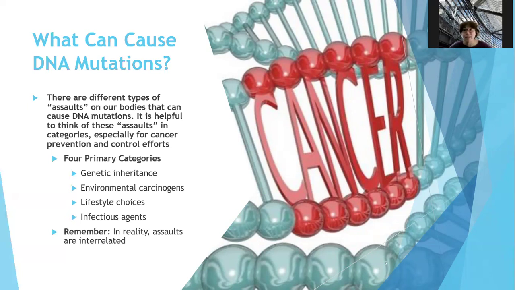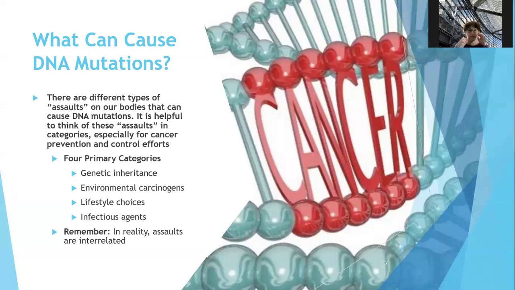Lifestyle choices, smoking, you know, I'm always going on about smoking. Lots of other lifestyle choices can cause DNA mutations, like lying out in the sun without protection. There you go. That's a lifestyle choice. Infectious agents like human papillomavirus can cause DNA mutations.